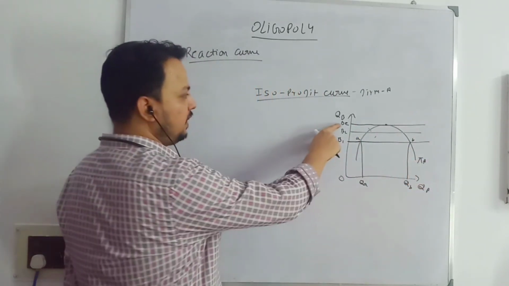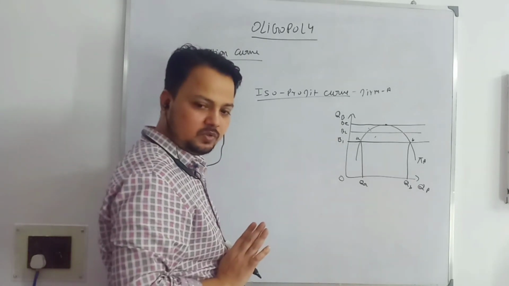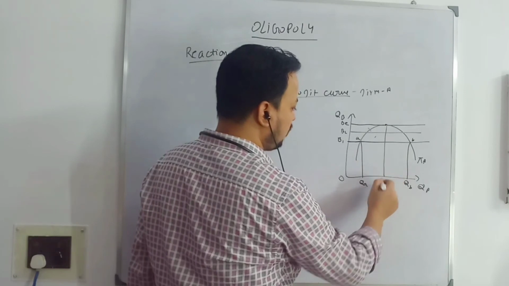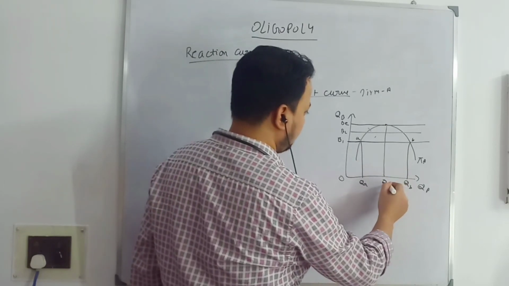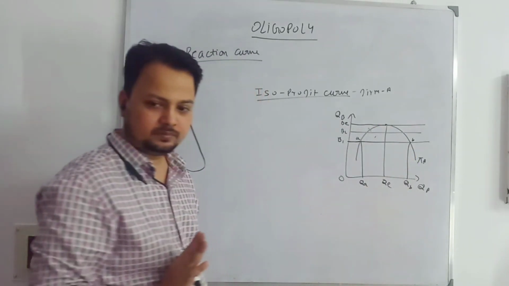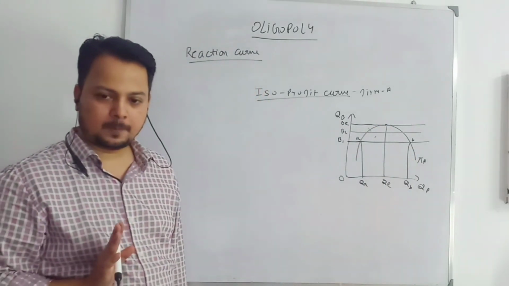If firm B increases output to BE, firm A can choose a different combination, at most this combination say QE, that will give it an equal level of profit. Is that clear to everyone?